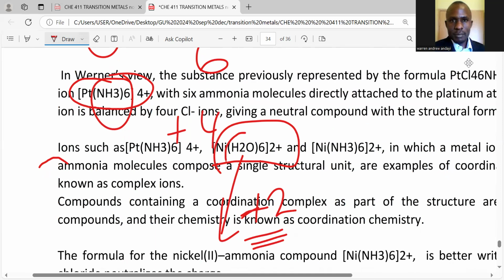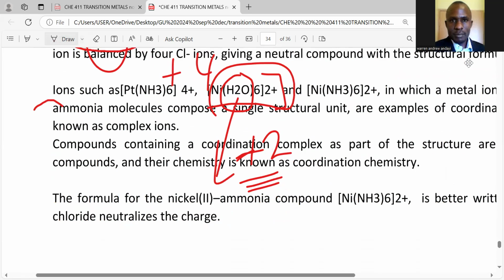Nickel is coordinated to water, which is a neutral ligand, so it doesn't affect its charge. And the overall charge of the complex is +2, which means the overall charge is coming from who? From nickel, okay? And the coordination number is what? 6, because nickel has bonded to 6 water molecules.